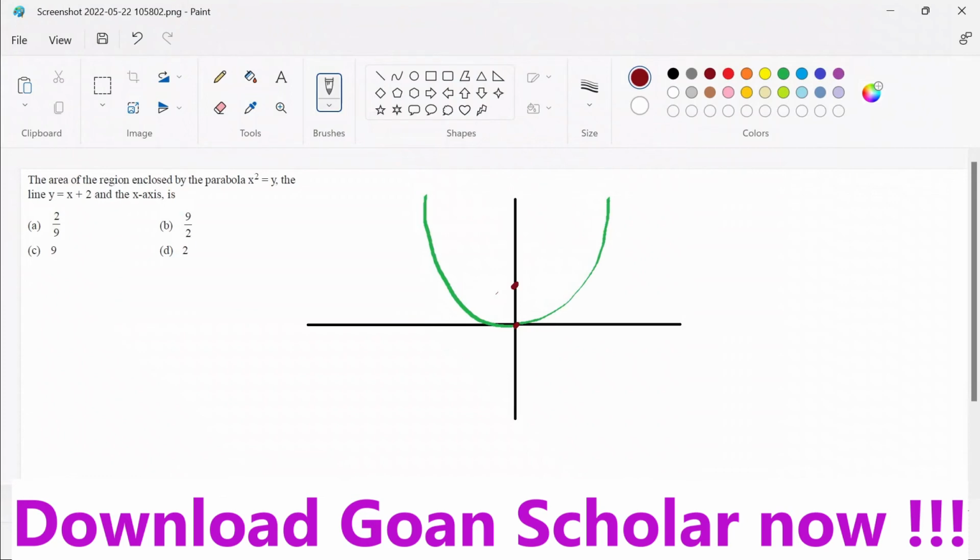X is, sir, minus 2. You got your 2 points? Let me repeat. If x is 0, y is 2. And if y is 0, x is minus 2. Correct? So you got 2 points from your coordinate axis. Let's join these 2 points.